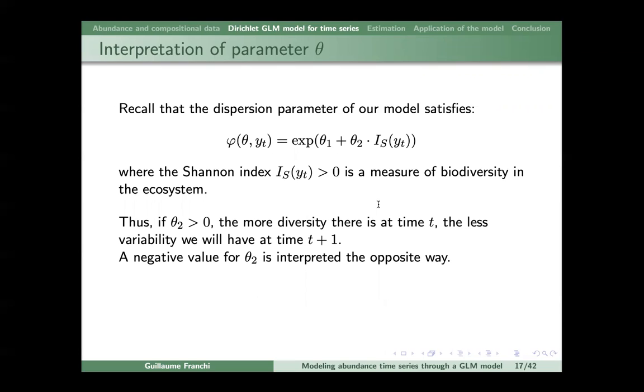In our estimates in real life, we had a positive value of θ2, so it would mean that the more biodiversity we have, the more stable the ecosystem. But maybe in some situations it's not the case. I really don't know, but I think this model could give us good insights on how some ecosystems work.